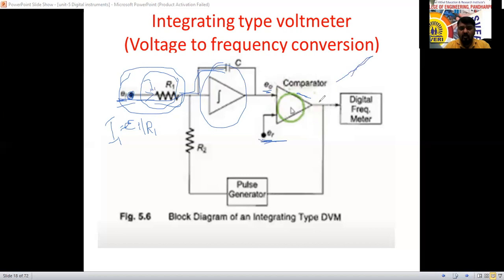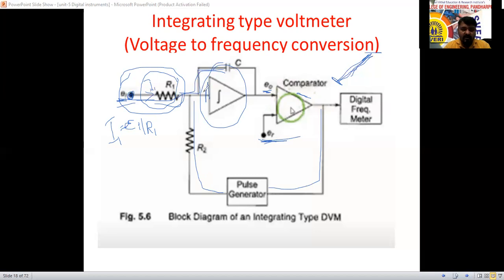Once the reference value reaches a certain maximum value, it will give a pulse. It compares the integration output and the reference value, and gives a signal to the pulse generator. Now the current will flow, and it will block this input here.